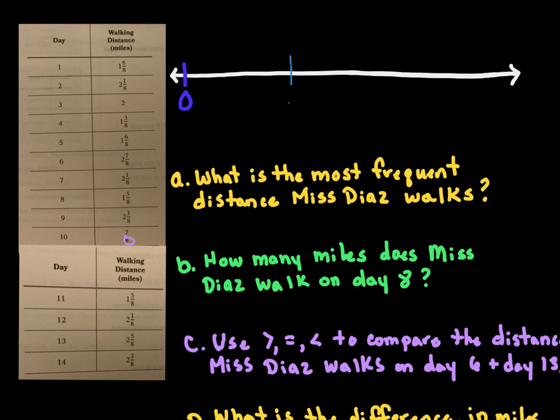Sorry. This is going to be 1, and this is going to be 2, and then this will be 3. All right, so we got to cut it up into 8. So we have 1, 2, 3, 4, 5, 6, 7. 1, 2, 3, 4, 5, 6, 7. 1, 2, 3, 4, 5, 6, 7.